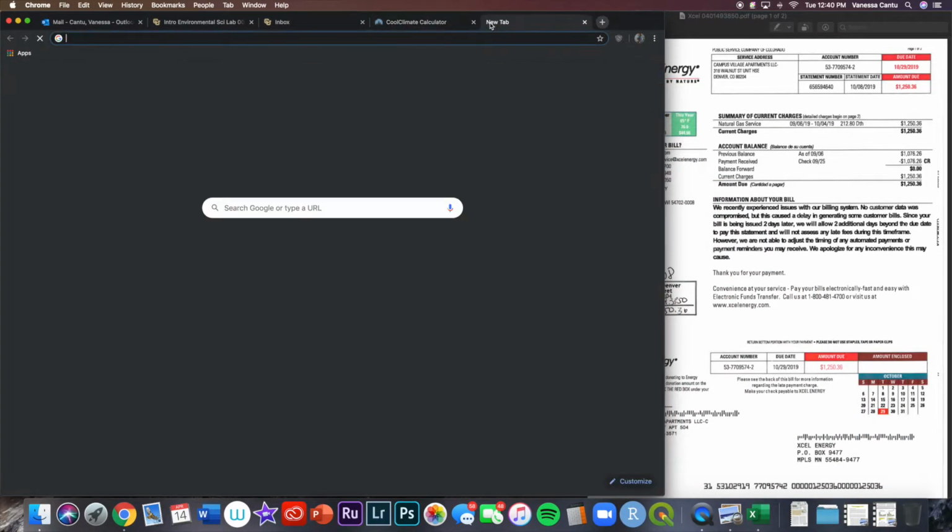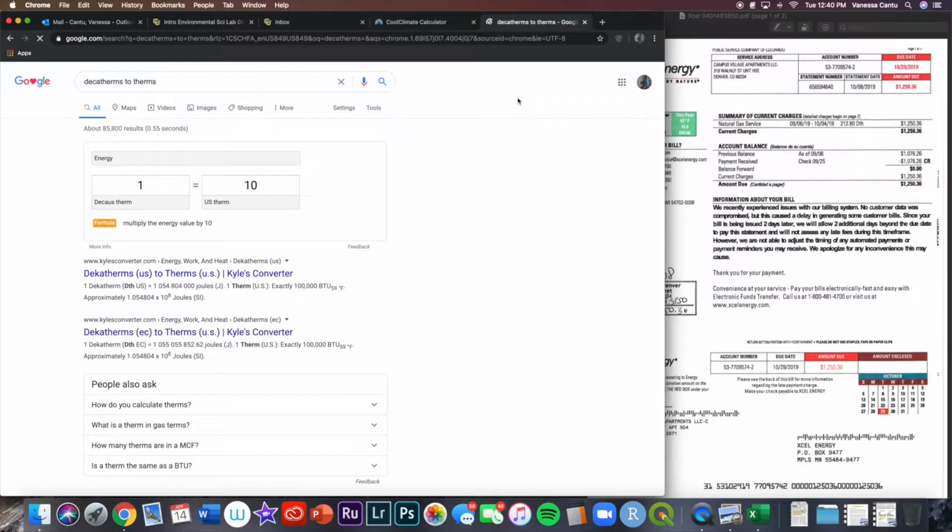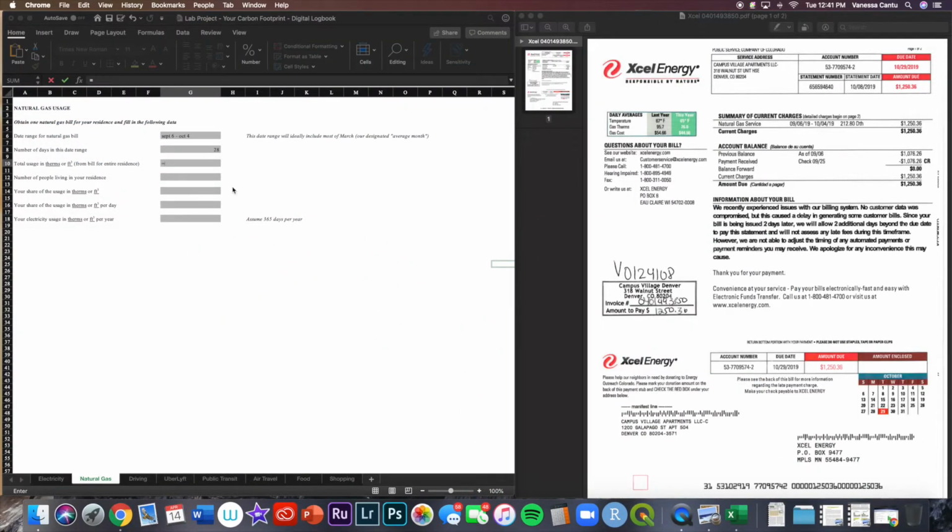You can do a Google conversion here if you wanted to, or you can just multiply what you have by 10. So 212.8 times 10, the value we're going to get in US therms is 2128 therms.